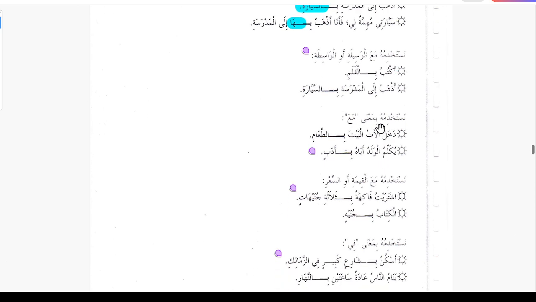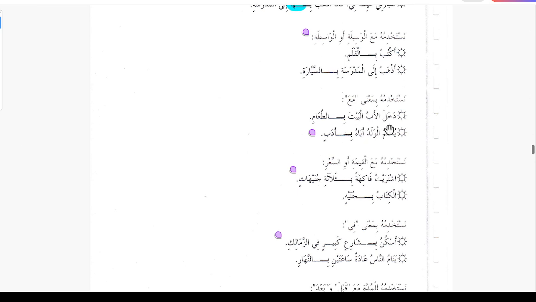Nastakhdimuhu bimana ma, we use it in the meaning of ma, which means with. Like in this example, dakhal al abu al baita bit ta'ami, the dad entered the house with the food. So ma means with something. This ba is used like ma.